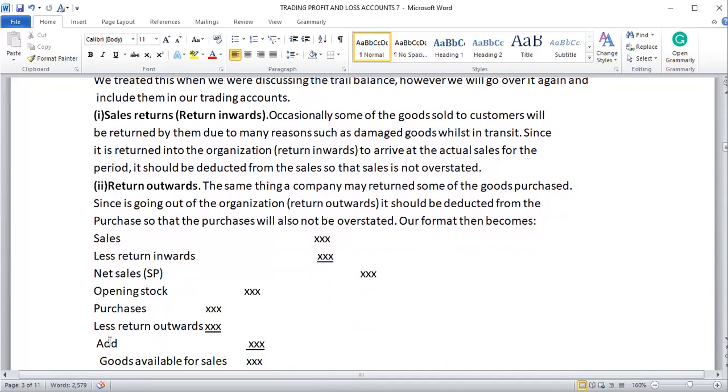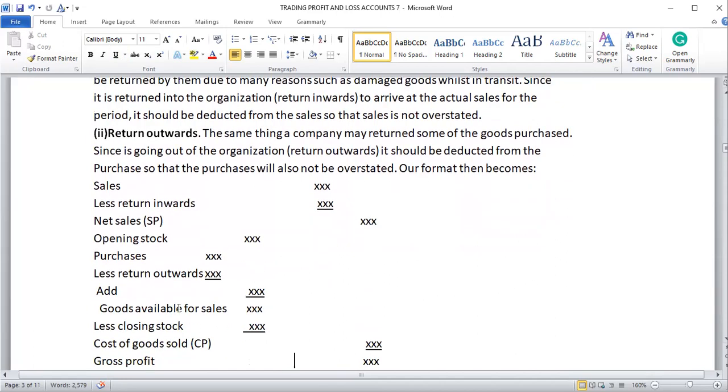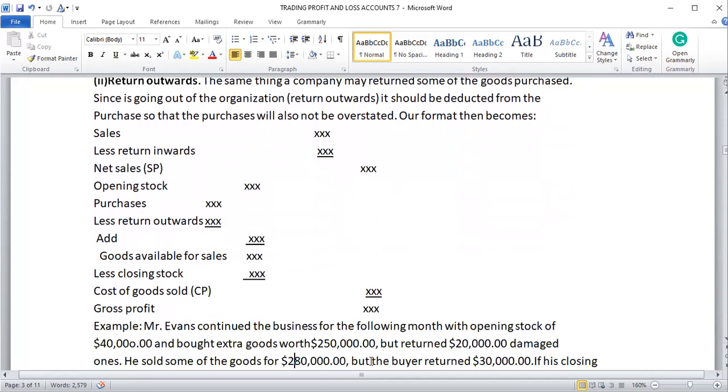Our purchases is here, but whatever we have also returned to the owner, we deduct that, so that whatever we get, we add it to our opening stock so that we know our goods available for sale. When we know our goods available for sale, then we deduct our closing stock. Then we know the actual cost of goods sold. We take our net sales, we deduct the cost of goods sold, and we arrive at our gross profit.